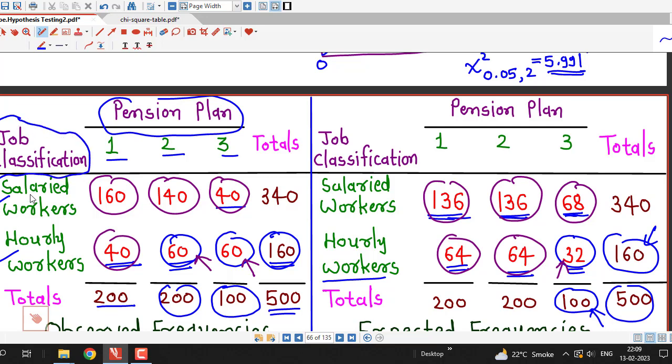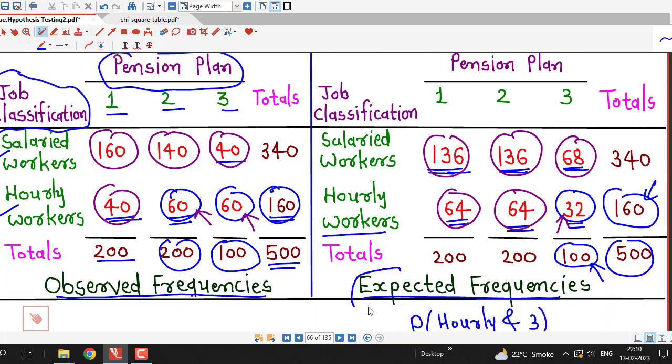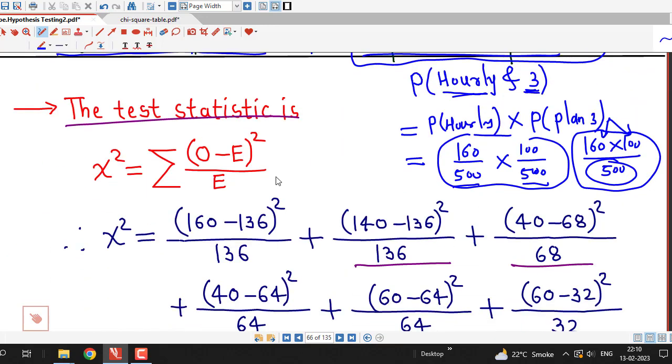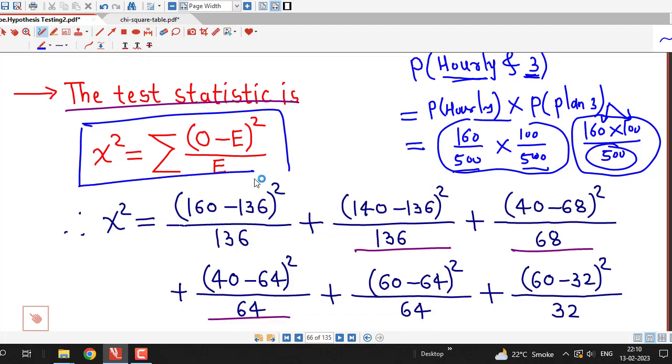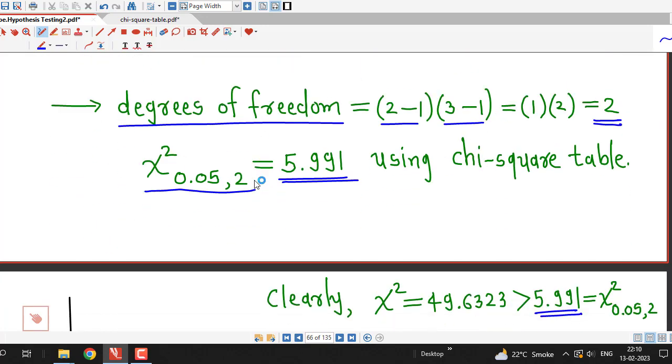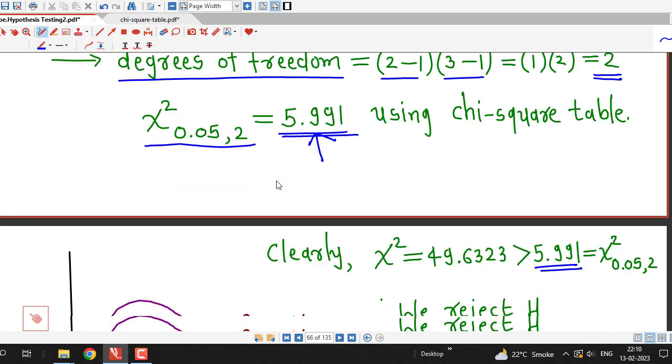And for that, our null hypothesis is always that the two given variables are independent, and using that null hypothesis we find the expected frequencies, and then we calculate the value of the test statistic using this formula, and after that we compare the calculated value of the test statistic with the critical value of the chi-square distribution at the given level of significance and number of degrees of freedom.